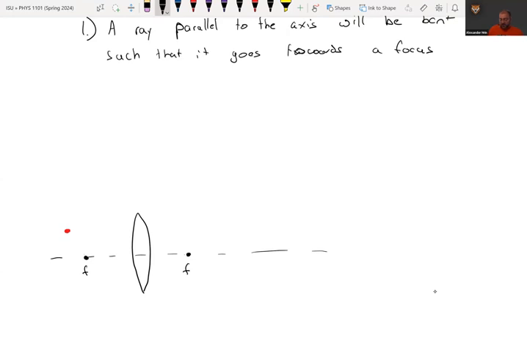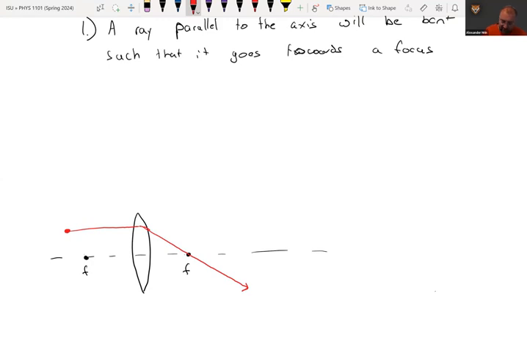The geometry of this is actually quite interesting if you do it correctly with rulers and other things like that. But basically what you have here is a parallel ray going like so. And the way I usually do it is right in the middle. You'll get some bending at both surfaces, but right in the middle, I usually just say, okay, what's going to happen here? This thing is going to go down towards the focus and just continue on like so.